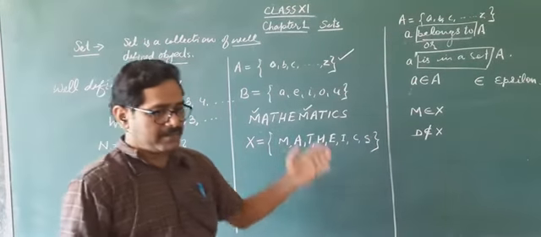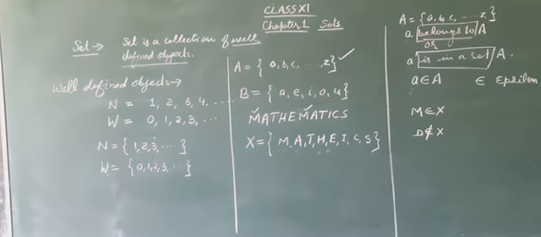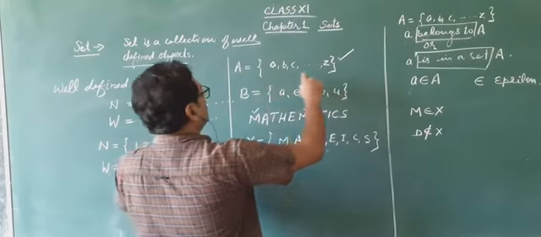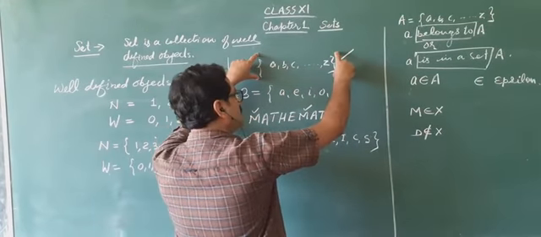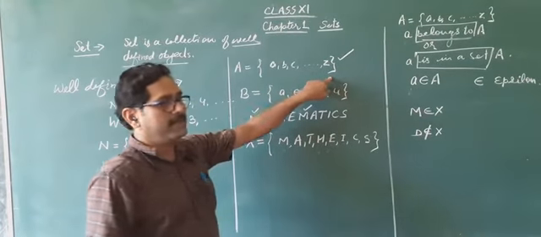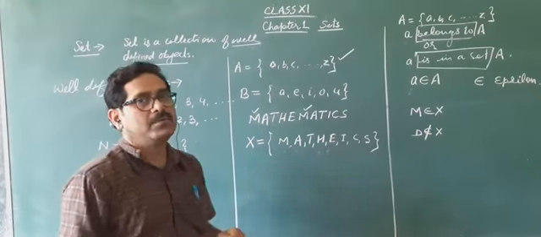A set is always written with capital letters, and curly brackets also show a set. If we write objects in curly brackets, this is a set.